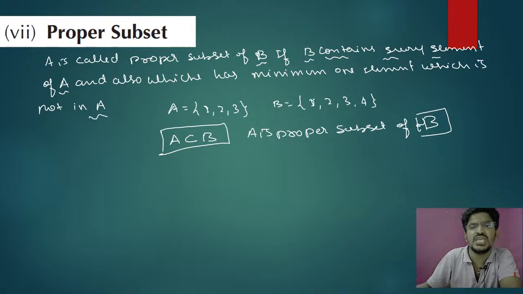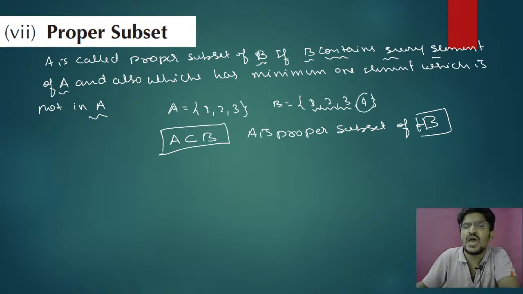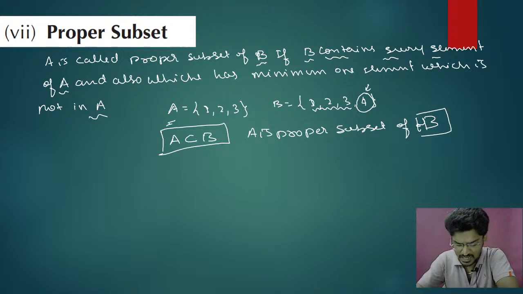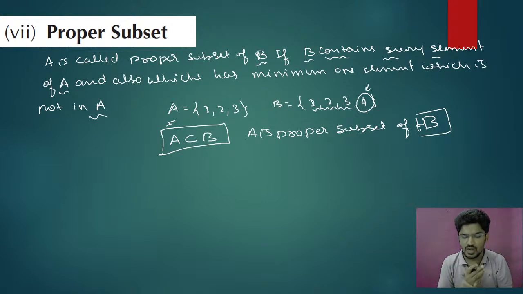Because every element of A is present, and I have one element which is not in A. Therefore A is called a proper subset of B.